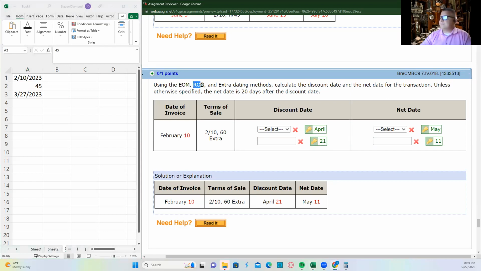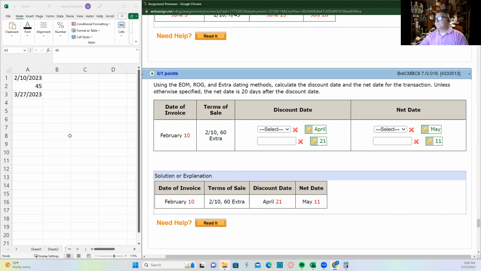This stands for receipt of goods, ROG. Are they going from end of month here? Okay, so using end of month, receipt of goods and extra dating methods, calculate the discount date and net date for the transaction. Unless otherwise specified, the net date is 20 days after the discount date.